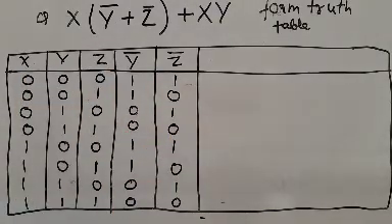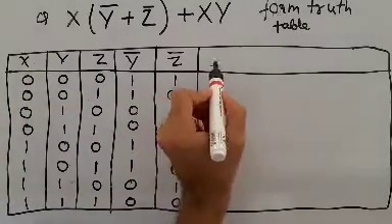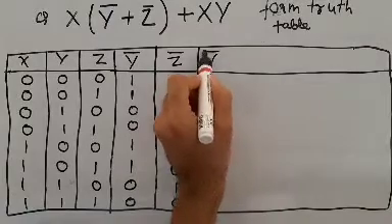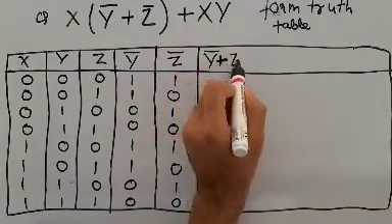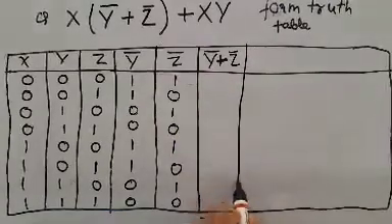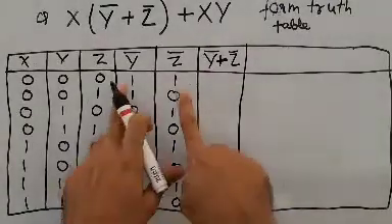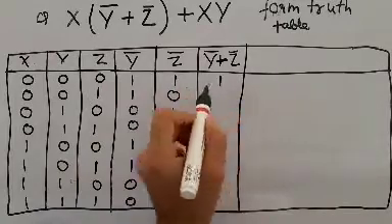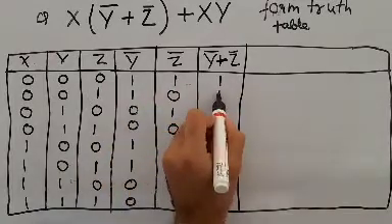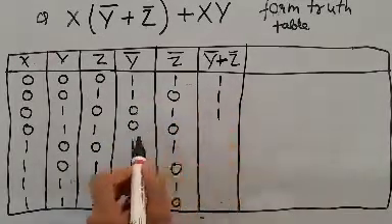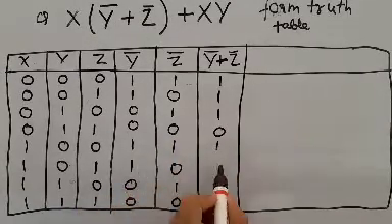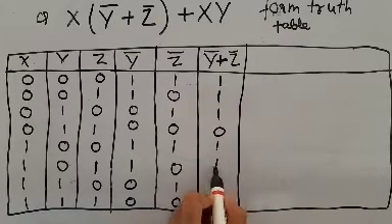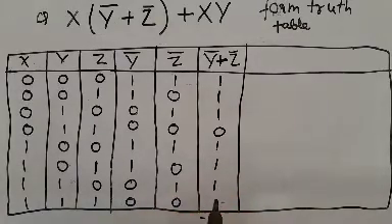Just reverse the condition. Now you have to apply the OR operator to y not and z not. So 1 plus 1 is 1, 1 plus 0 is 1, 0 plus 1 is 1, 0 plus 0 is 0, 1 plus 1 again 1, 1 plus 0 is 1, 0 plus 1 is 1, 0 plus 0 is 0.